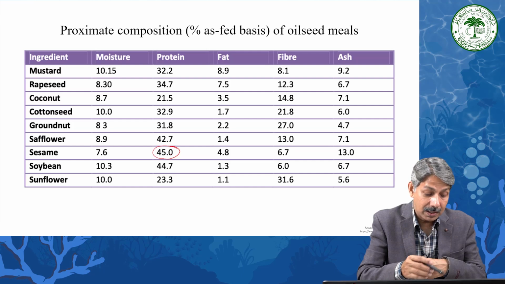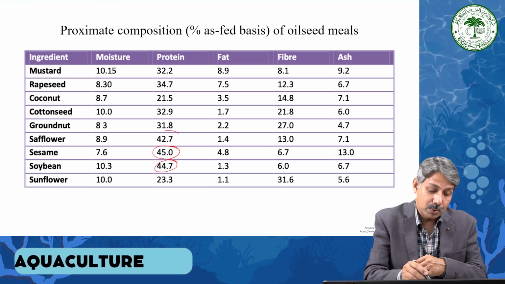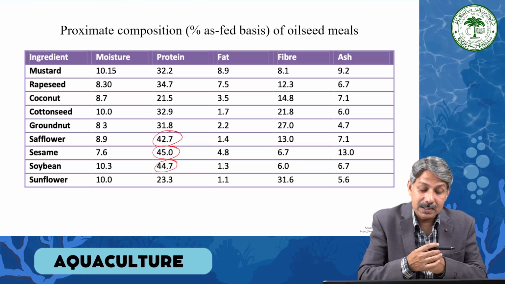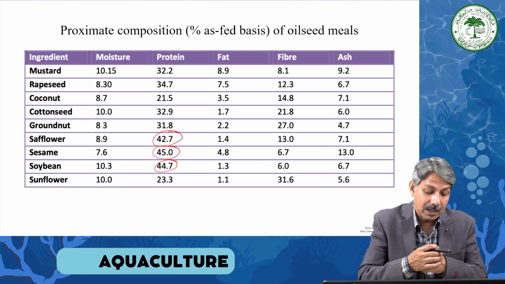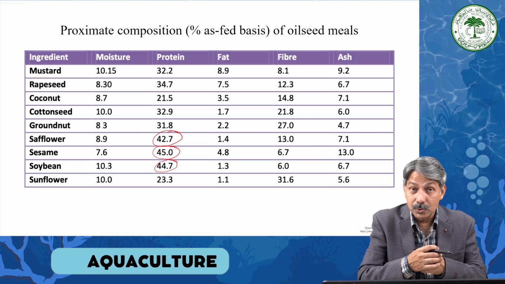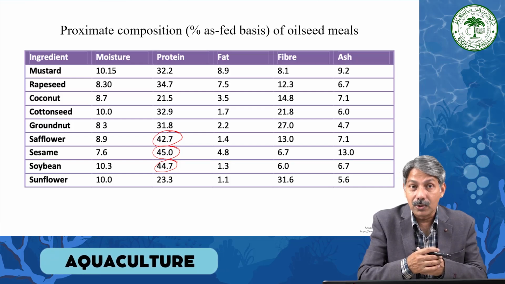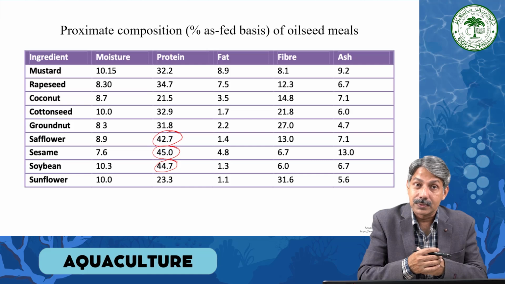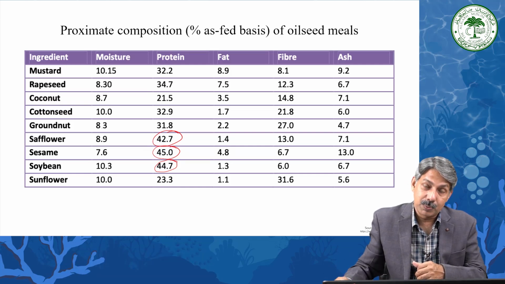And 44.7, almost similar, is provided by soybean, and 42.7 by safflower. These three are providing very good protein content, but you may also need to look at other factors depending on what kind of formulation you need to prepare for your candidate species.